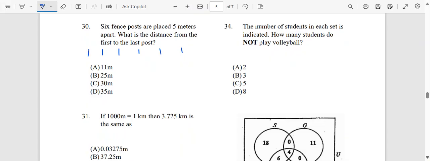So this is five. From there to there is five. From there to there is five. And from there to there is five. How many fives? One, two, three, four, five. So 5 times 5 is equal to 25. So 25 is our answer right there.